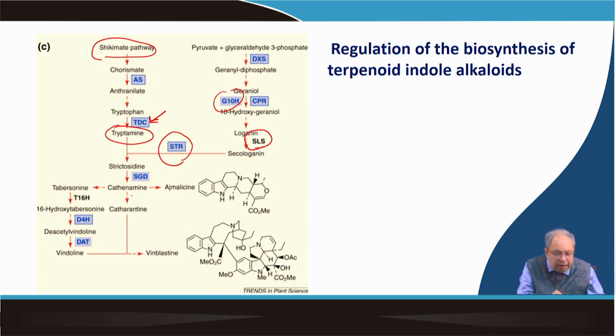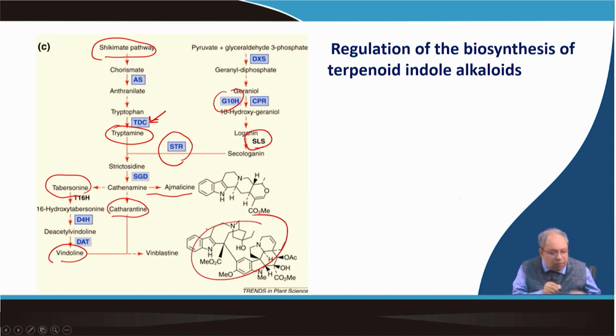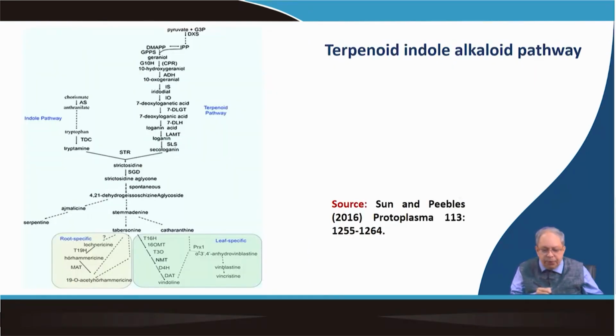One is cathenamine, which leads to the formation of ajmalicine and then of course serpentine, whereas another route goes towards the formation of catharanthine, and another route goes towards the formation of tabersonine. Then tabersonine finally forms vindoline, and catharanthine and vindoline join and make this structure, which is the dimeric indole alkaloid vinblastine. These things we will see in more detail in the next slides.